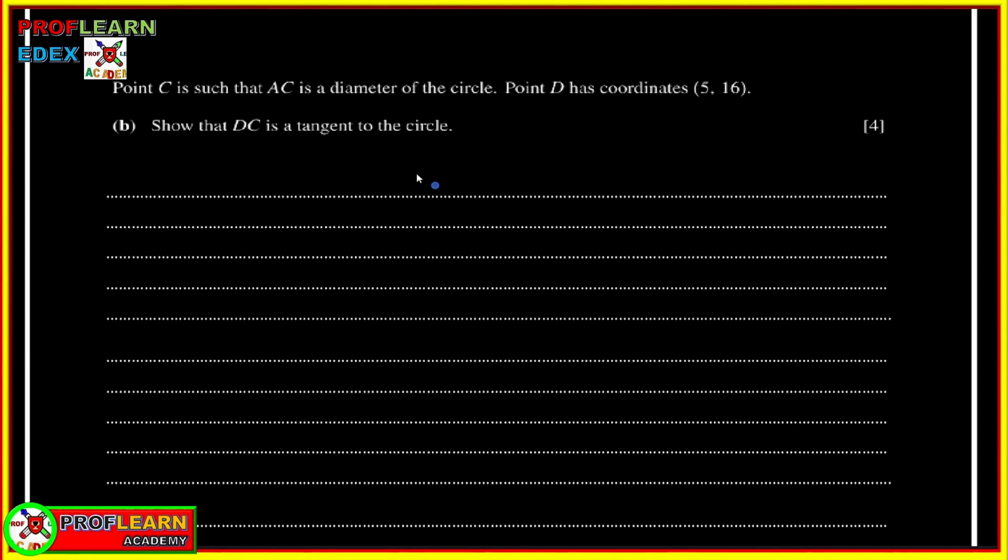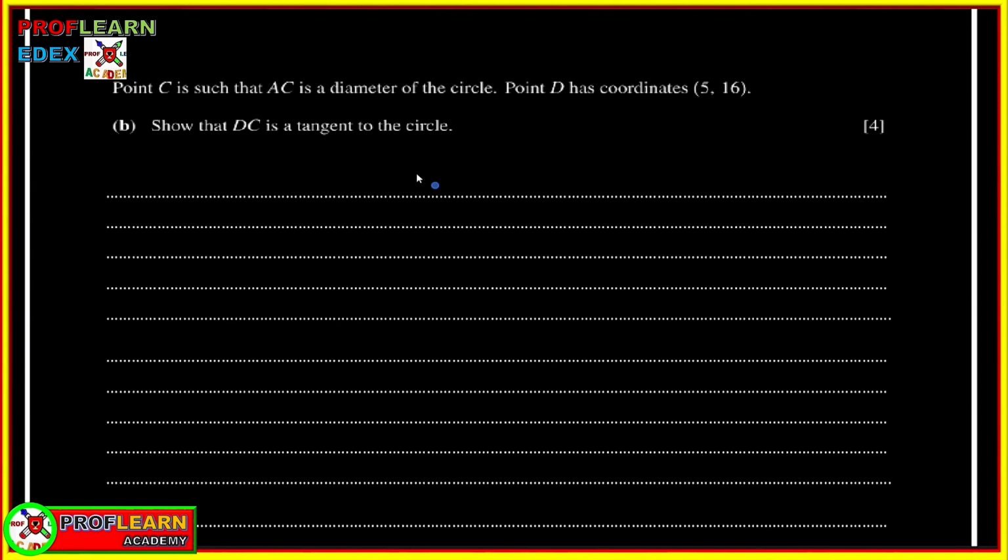So if we know the structure, the strategy I'm going to use in order to work out this question: I'll start with the gradient of the diameter, and then I'll find the coordinate where the tangent and the circle meet, and thereafter I'll find the gradient of the line DC, and check if I multiply the two gradients, can I get -1?